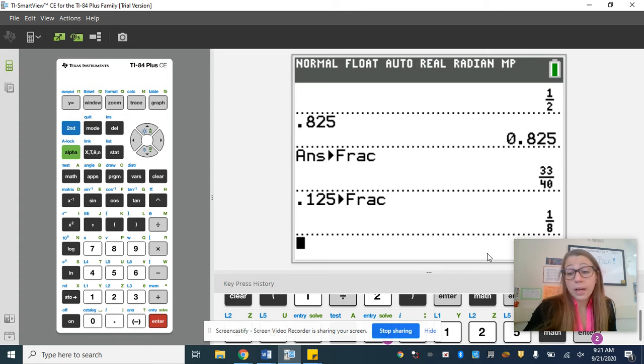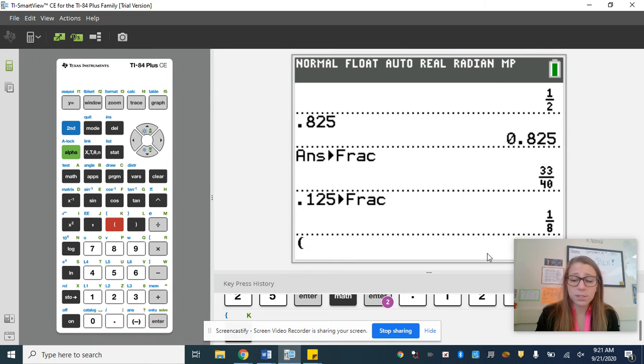So anyways, let's say you're doing operations with fractions. Let's say you're trying to add, subtract, multiply, divide fractions. You can do all that within the calculator. You just need to make sure you're putting each separate fraction in its own parentheses. So let's say I'm trying to add 3/4 and 5/8.